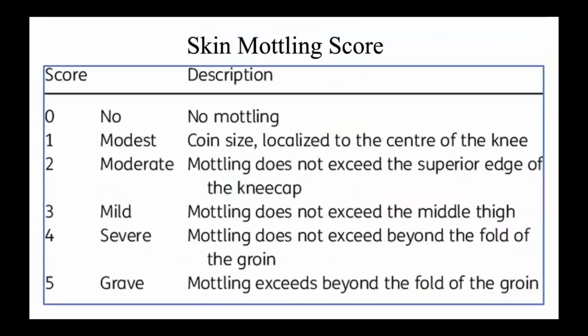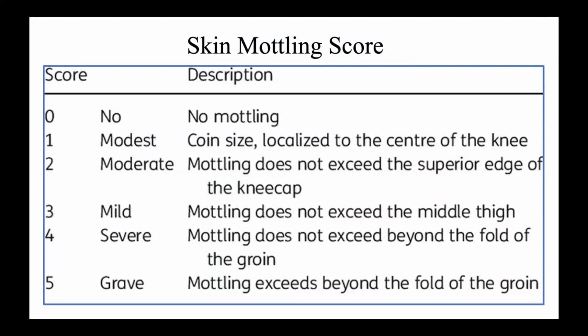So for the skin mottling score, 0 indicates no mottling, and 5 is a grave sign, seen when the mottling extends beyond the fold of the groin. Now, if a hypovolemic patient presents to you with severe or grave mottling, you start giving fluid to the patient, and the color of the skin improves, it tells you that your resuscitation is working.